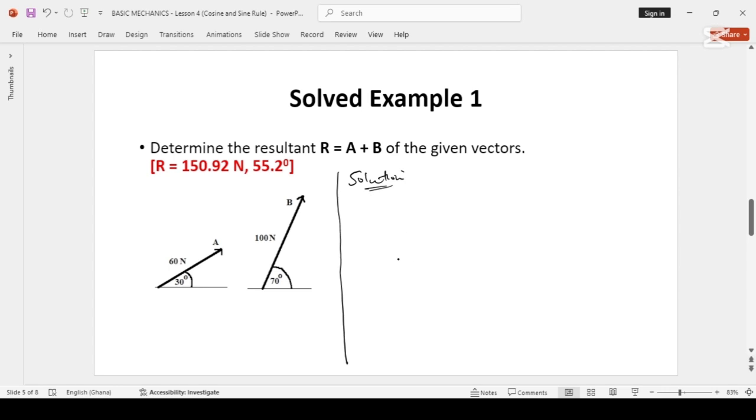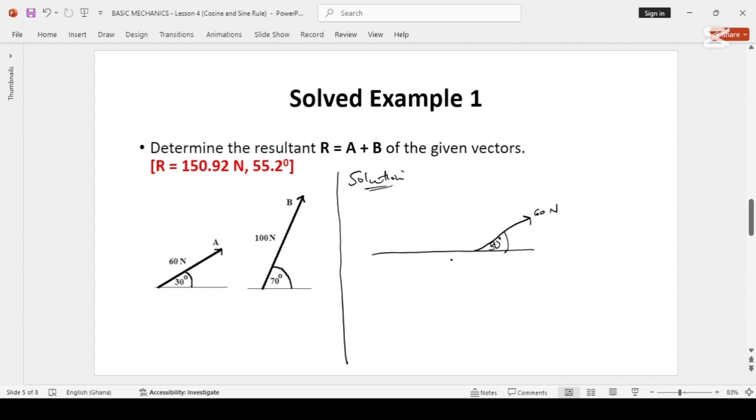We have the horizontal here. So we have this horizontal line and we are given a 60 newton force at an angle of 30 degrees. The angle is 30 degrees. This is 60 newtons.